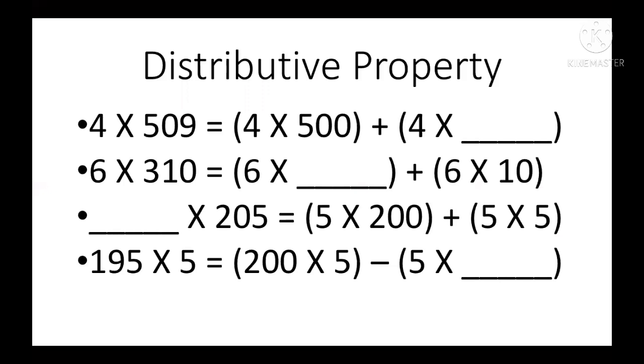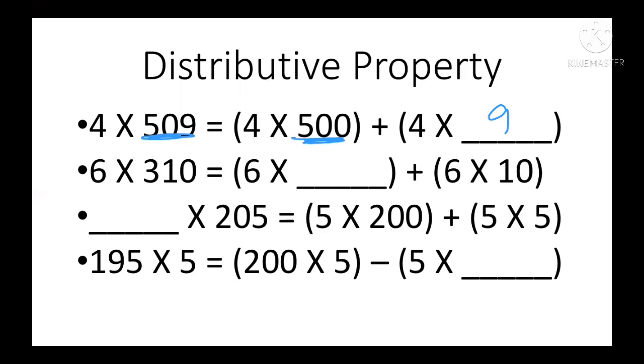Now let us try to answer this one. 4 times 509 equals 4 times 500 plus 4 times blank. So the answer here is 9. Why 9? Yes, we will just subtract 509 by 500. All right, easy.